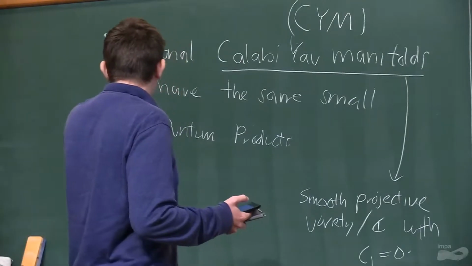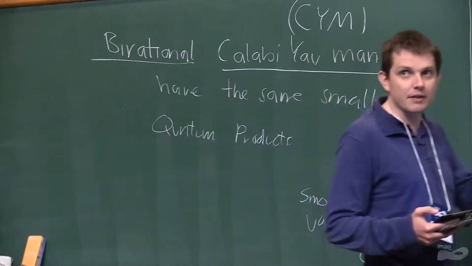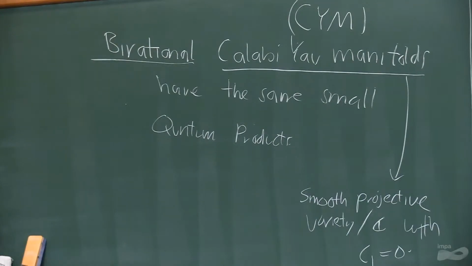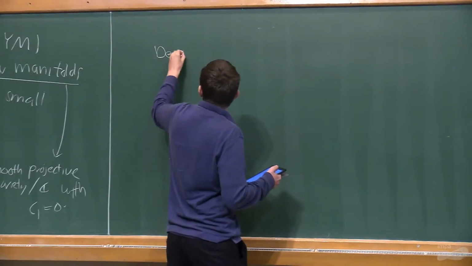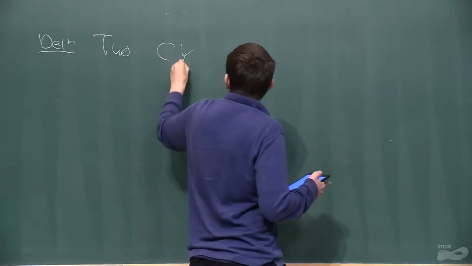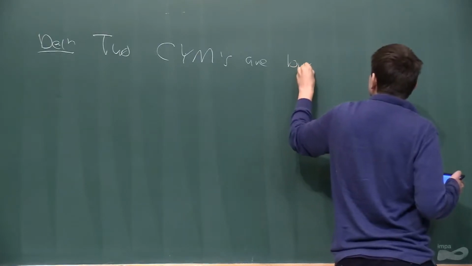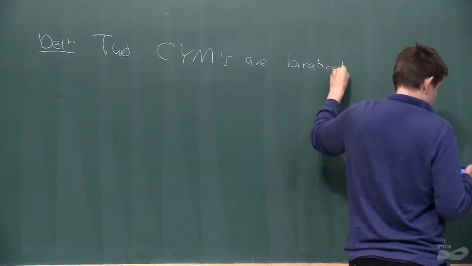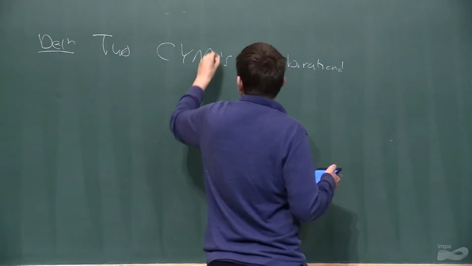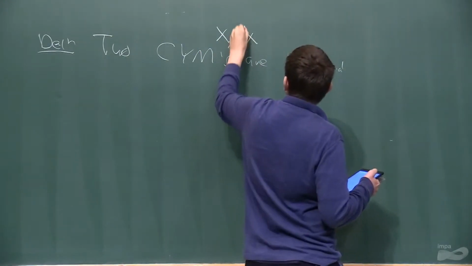Okay, and then maybe I should just be clear what birational means. So birational means they just have a common codimension 0 subvariety. So, definition: two Calabi-Yau manifolds are birational. So let's call these manifolds X and X hat.